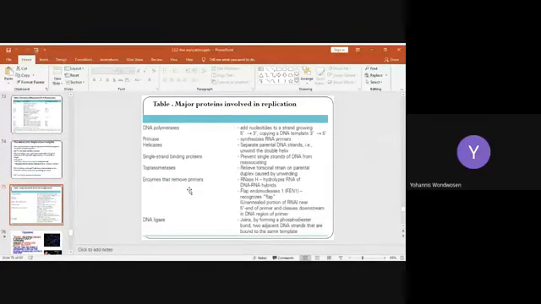So this table involves the major proteins involved in the replication process, as a revision of what we have seen so far. The DNA polymerases add nucleotides to a strand growing in the 5' to 3' direction. The DNA polymerases copy a DNA template from 3' to 5' direction.